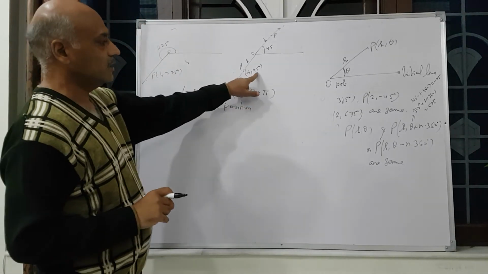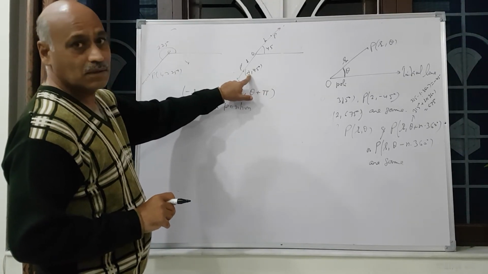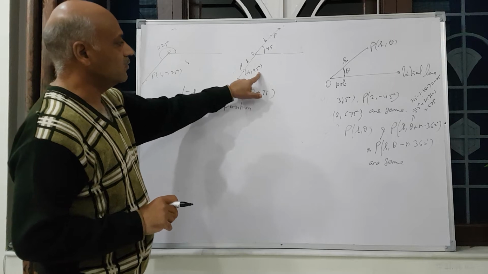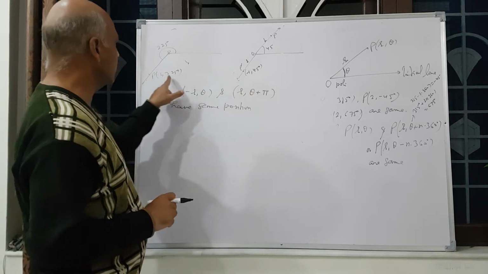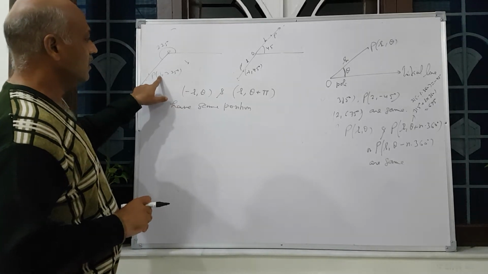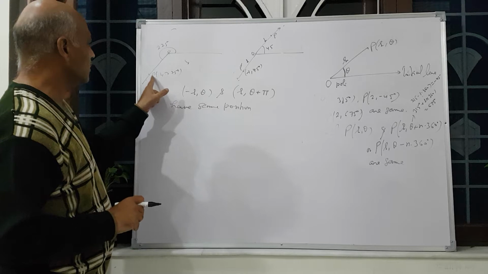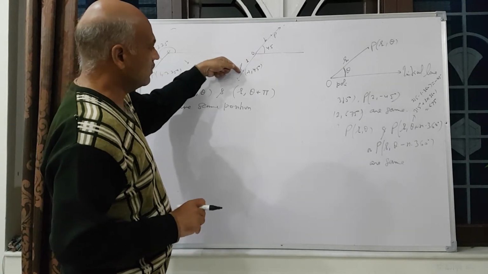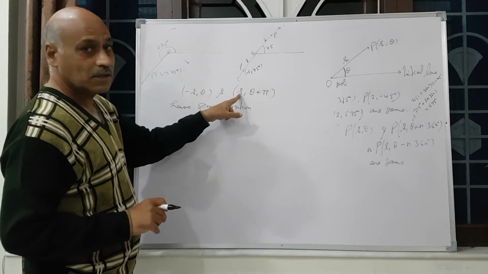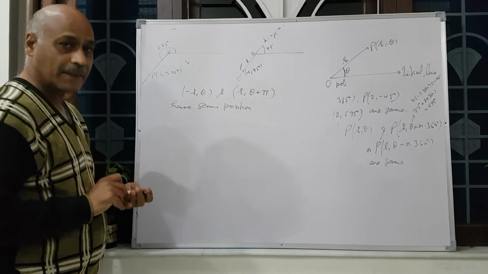Suppose R is minus 1 and theta is 45. If the direction changes, minus R becomes 1, and the angle is minus 135. So minus R, theta and R, theta plus pi have the same position, same location.